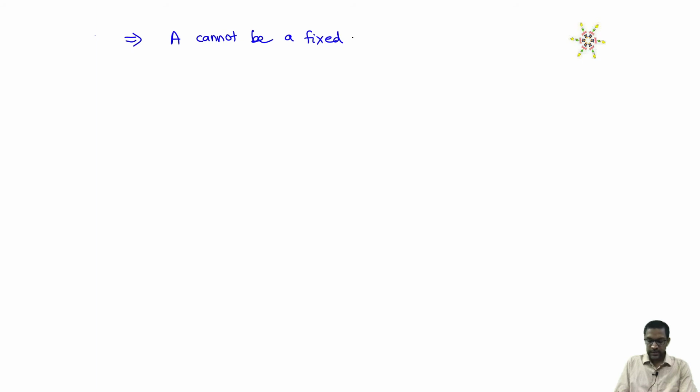Okay, so this was under the assumption that A was not the whole set, right? So you can try and convince yourselves that this analysis actually proves the following. Here's our conclusion. It says that if I have any proper non-empty subset of G, it cannot be a fixed point for this action.